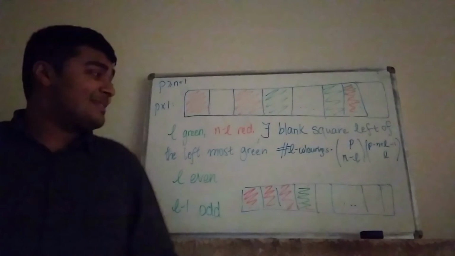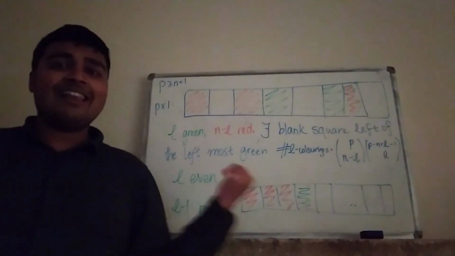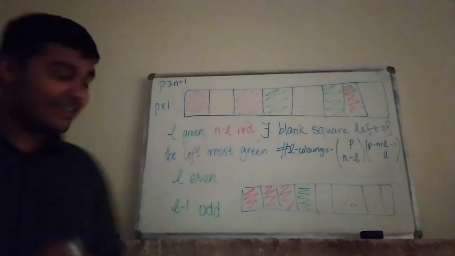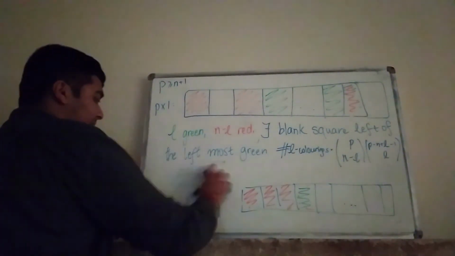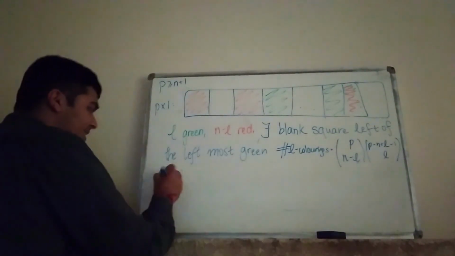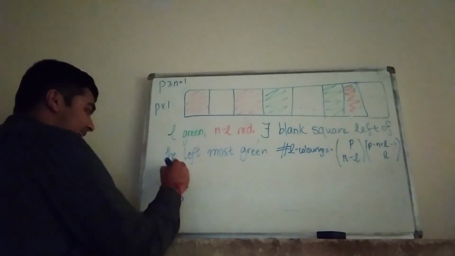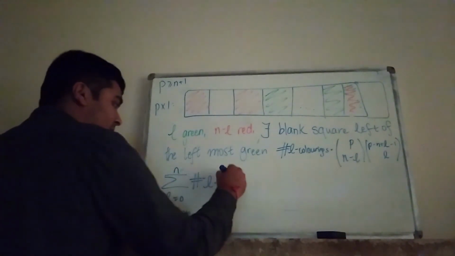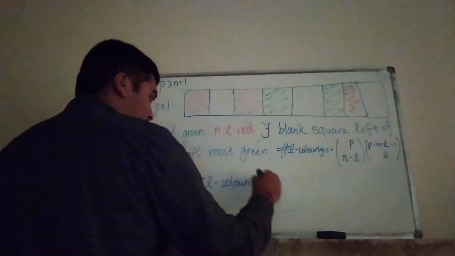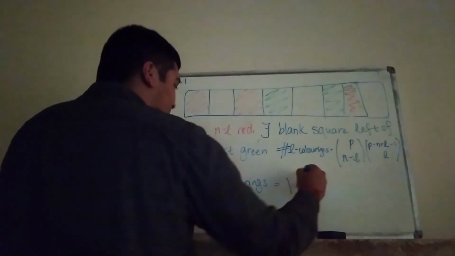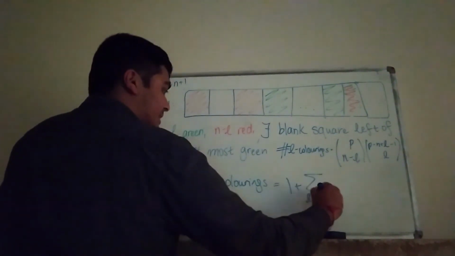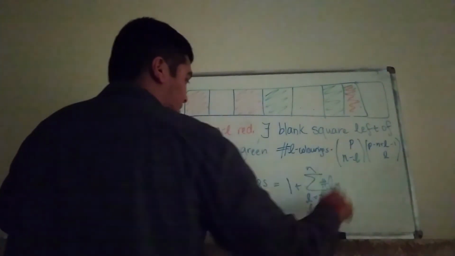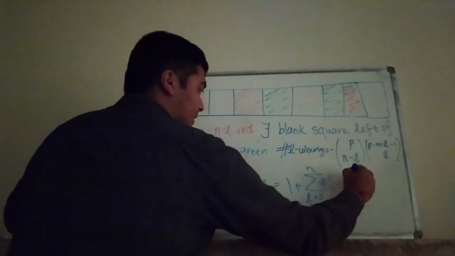In particular, that means that there's one more L colouring in the case where L is even than in the case where L is odd. So then we can conclude the equality: the sum from L equals 0 to n, L even, of the number of L colourings, is equal to 1 plus the sum from L equals 0 to n, L odd, of the number of L colourings.